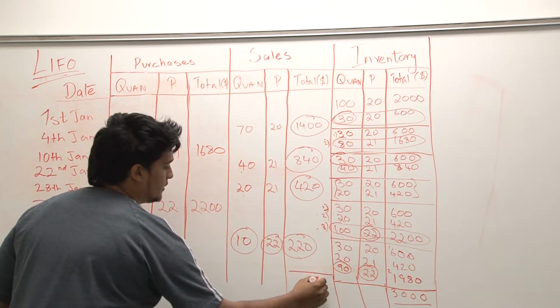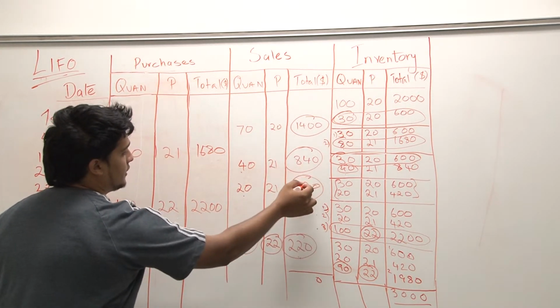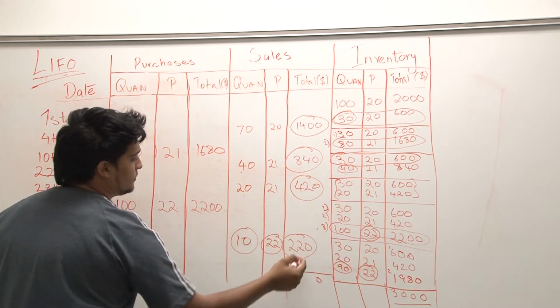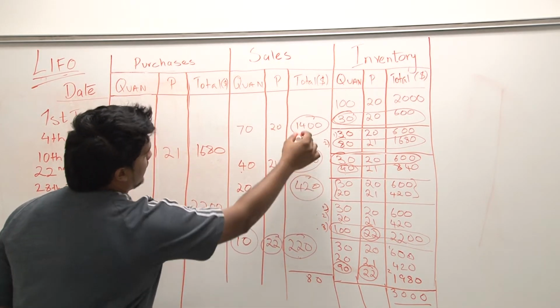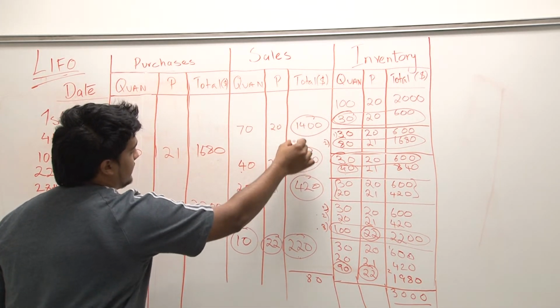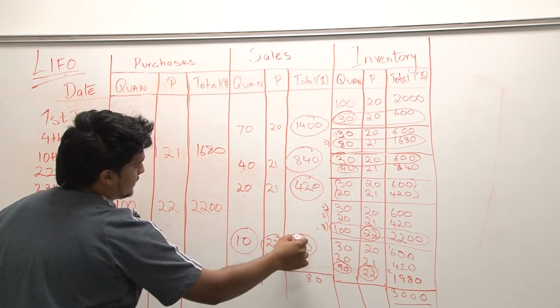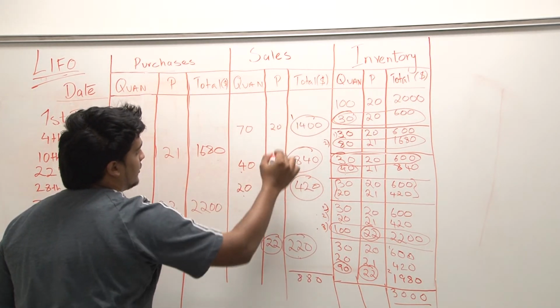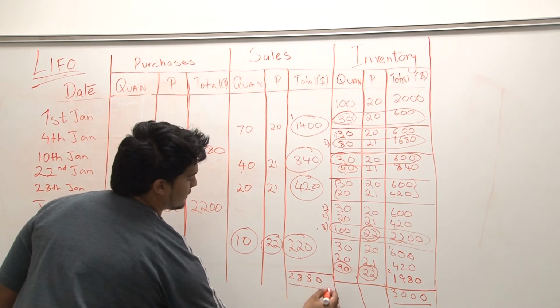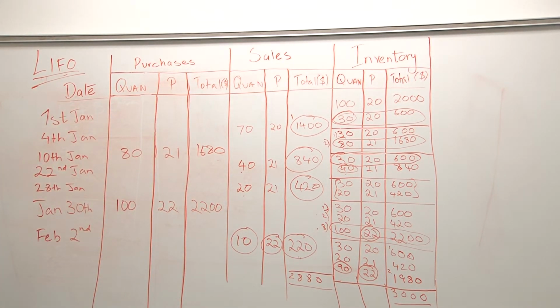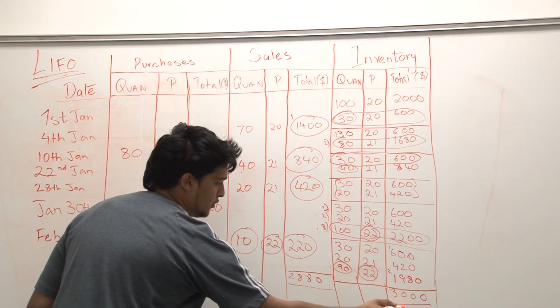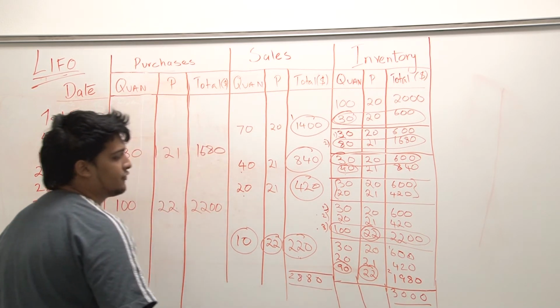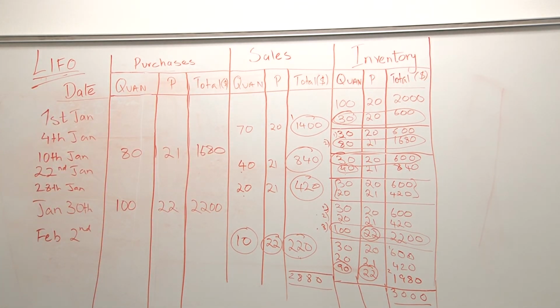If I add them up, it's going to be 2,880. So I've given you my cost of merchandising sold, and I've given you my ending total inventory balance. That's it for the last in, first out accounting method.